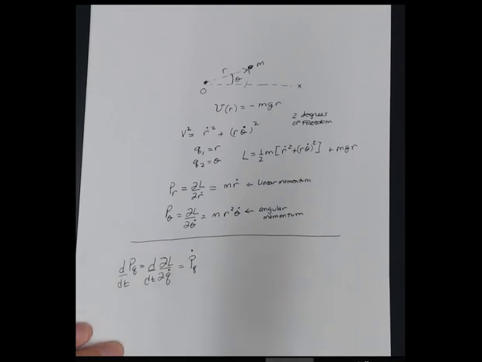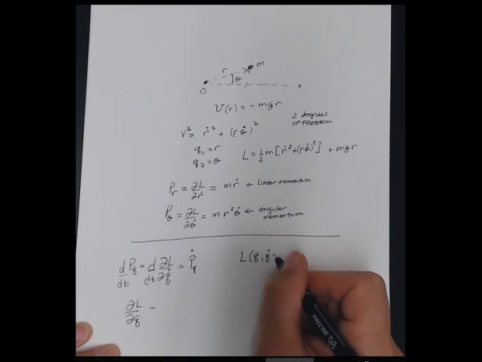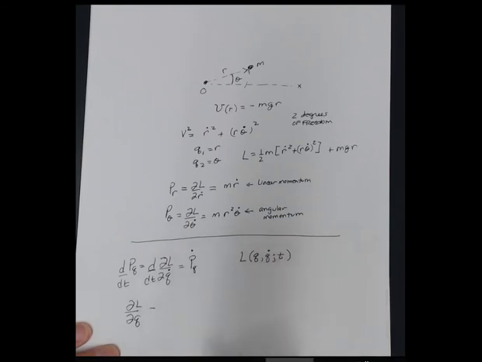Now, if we write our Lagrange equation with general coordinates instead of x or y, our Lagrangian is a function of q, q dot, and t. Then our Lagrange equation becomes this.